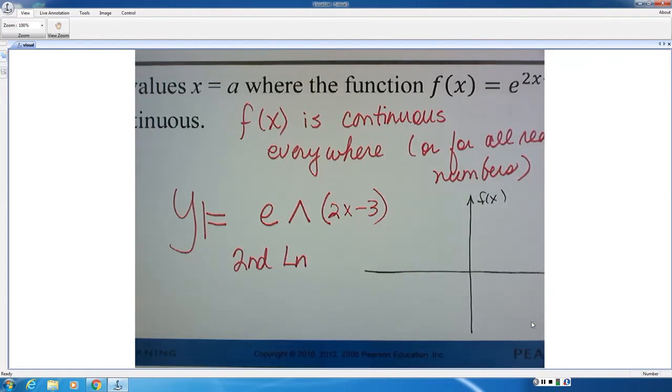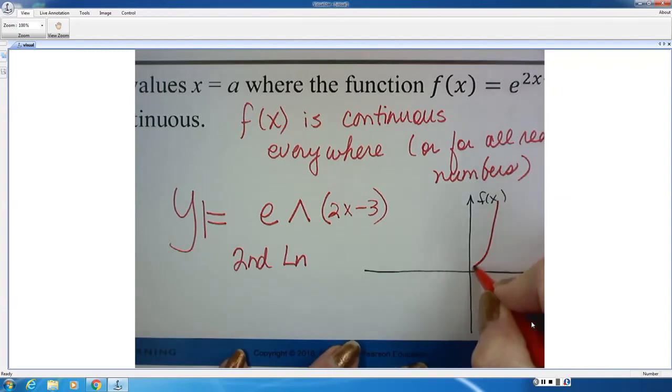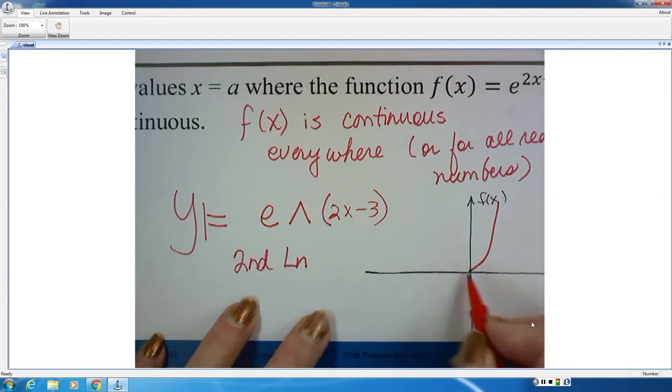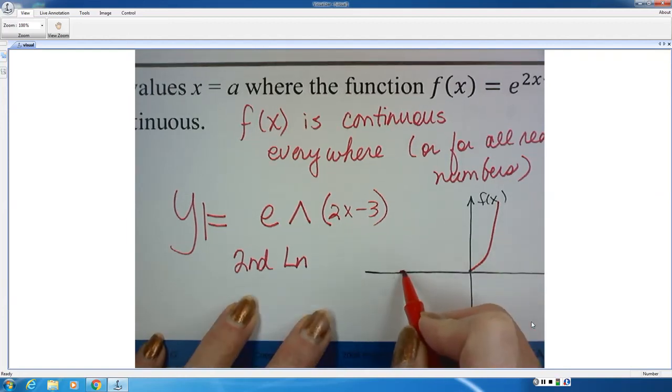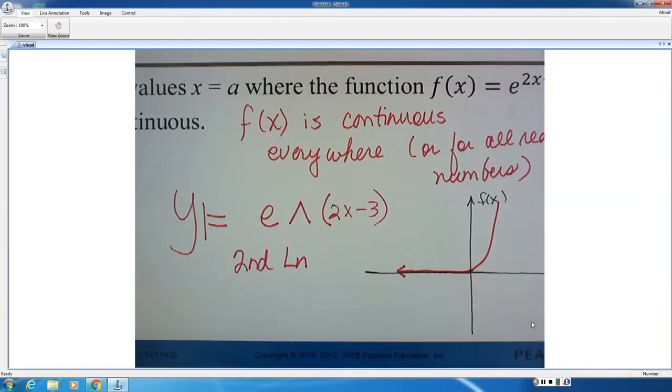I can see pretty clearly what happens on this side. But what I can't see without tracing on the calculator is that what it's doing over here is it's just getting closer and closer and closer to the x-axis, but it's continuing on.